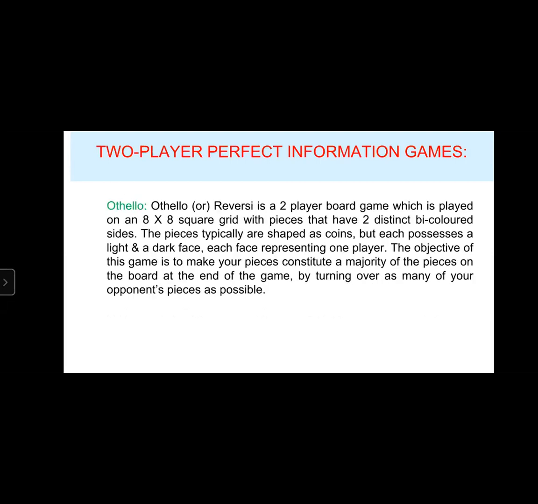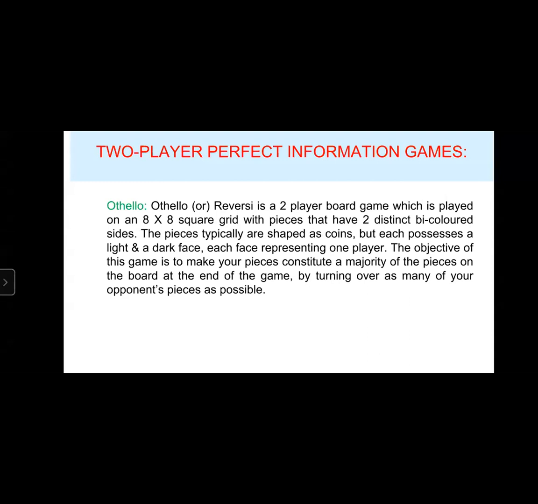And next, Othello or Reversi is a two-player board game which is played on an 8x8 square grid with pieces that have two distinct colored sides. The pieces typically are shaped as coins, but each possesses a light and a dark face, each face representing one player.